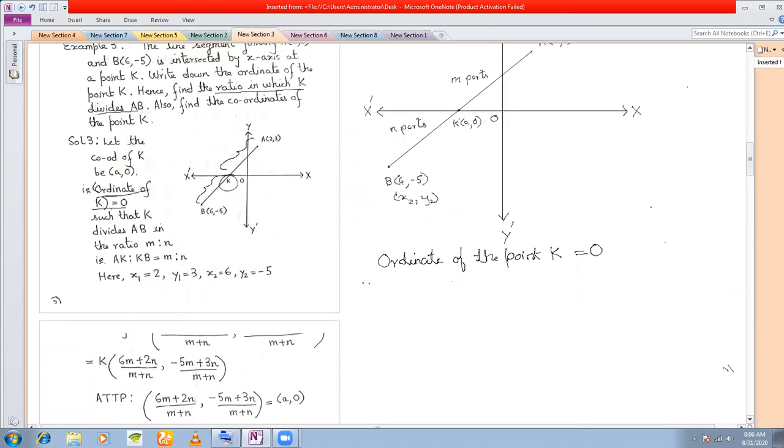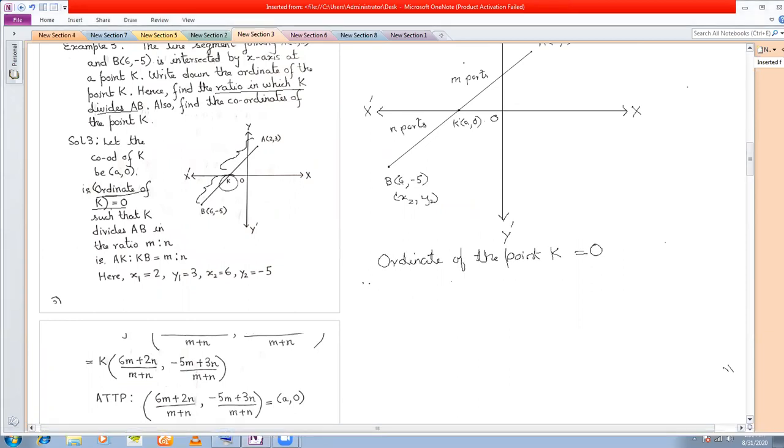Next, the ratio in which K divides AB. Now last time I had taken the ratio as m is to n. So this time I'll take the ratio as k is to 1.